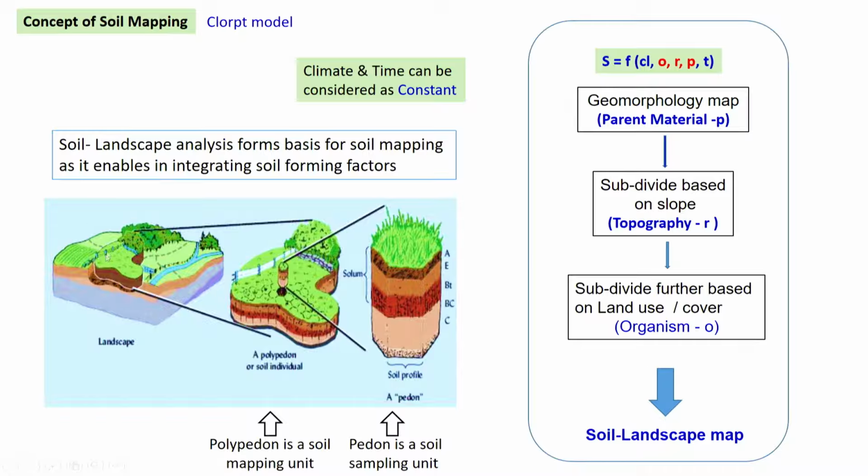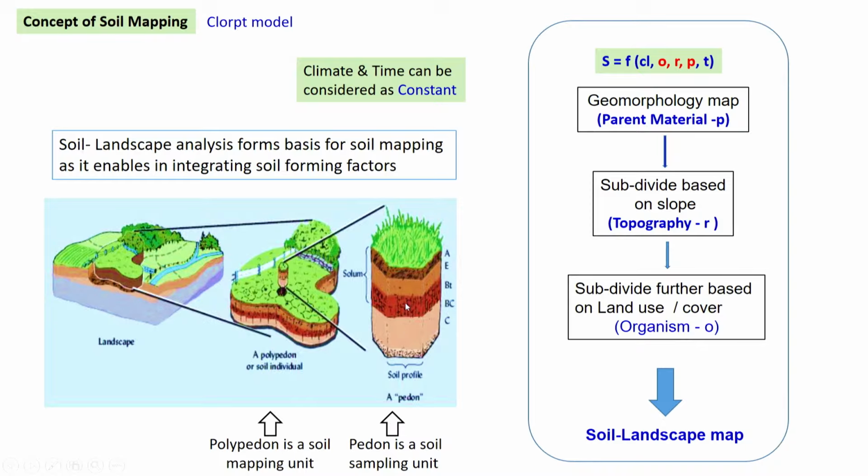In this landscape map we are considering that in each land unit area all soil forming factors are the same. So you can take any place or any point for soil observation, you can take the soil profile, and you can characterize the soils from top to bottom.